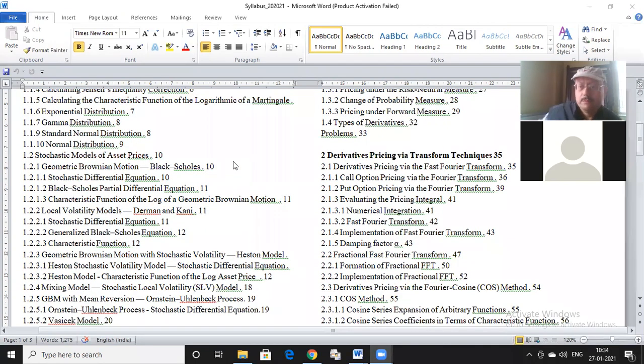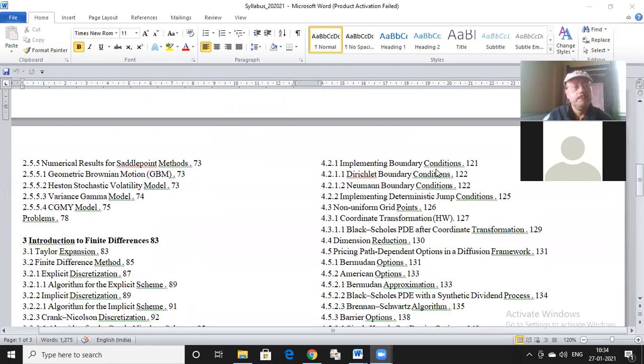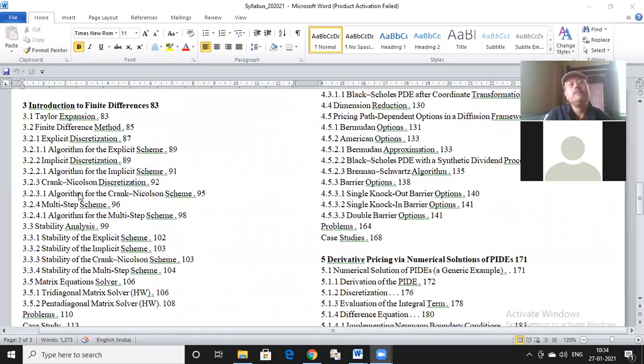Then the basic primary part of the course starts from chapter 2, where we first deal with transform techniques. Then chapter 3 talks about finite difference methods. I don't know whether you have ever done finite difference methods.